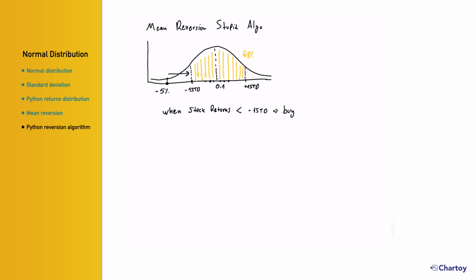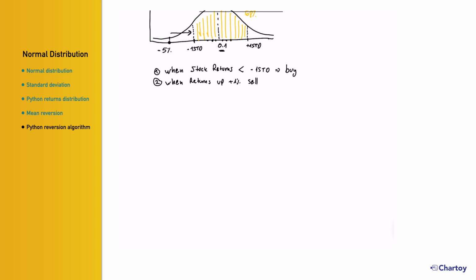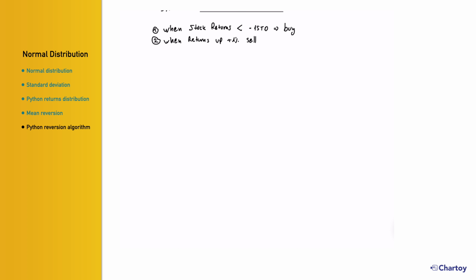And let's say that we are going to sell the stock again when it goes up, because we assume it's going to go up, right? Because most of the time the stocks distribute normally around this 68%. So when the stock returns are up, let's say by 1% or 2% or 0.5%, whatever you decide, we will sell the stock.